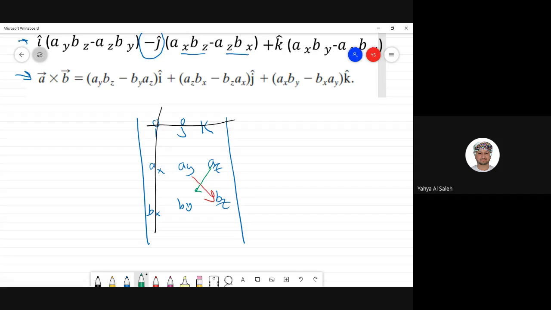Good enough? Then we go to j. I'll take the j away, and I will do red minus green. Then I go to do the k, and I do red minus green. So it is consistent at each step of the way, and the only thing that changes is you're looking at ijk.